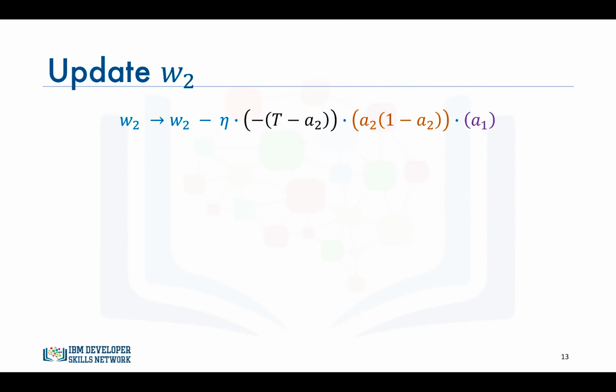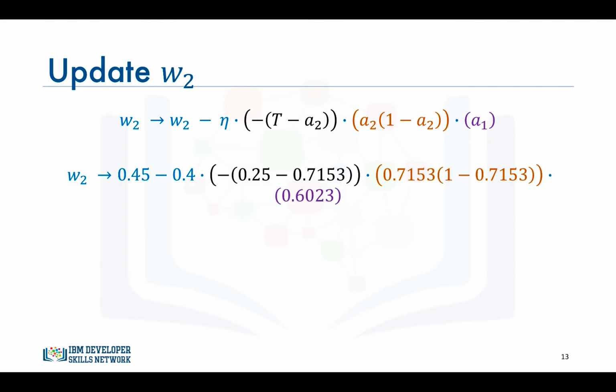We already know the expression to update W2, so we simply plug in the values of T, A2, and A1 to calculate the gradient. The gradient of the error with respect to W2 is 0.05706, and therefore W2 gets updated to 0.427.